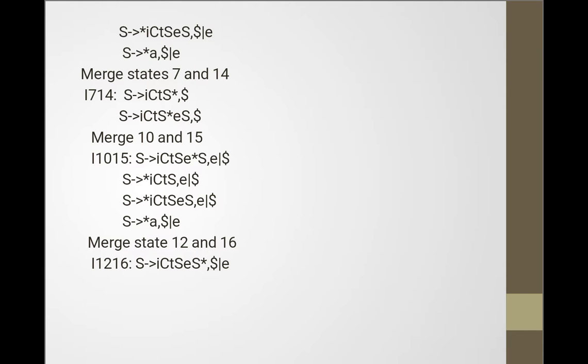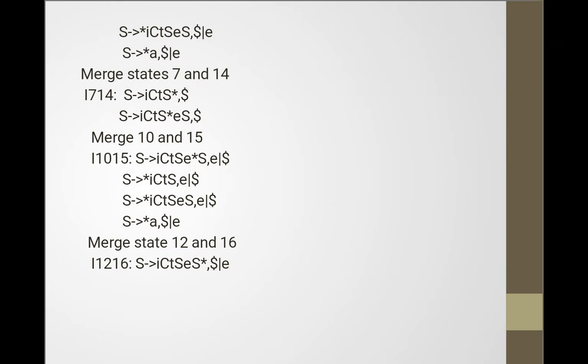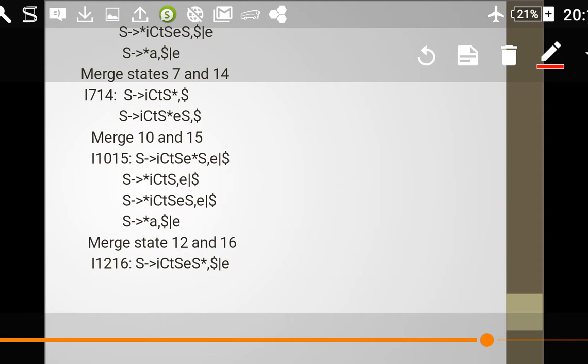Let us merge states 7 and 14. I7 14: by merging states 7 and 14, we get S → ICTS·, $. Next step, S → ICTS·ES, $. Now let's see by merging states 10 and 15.